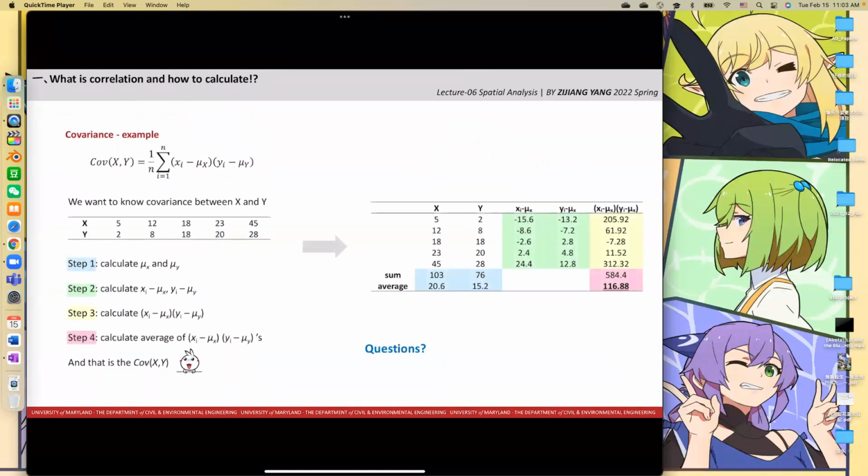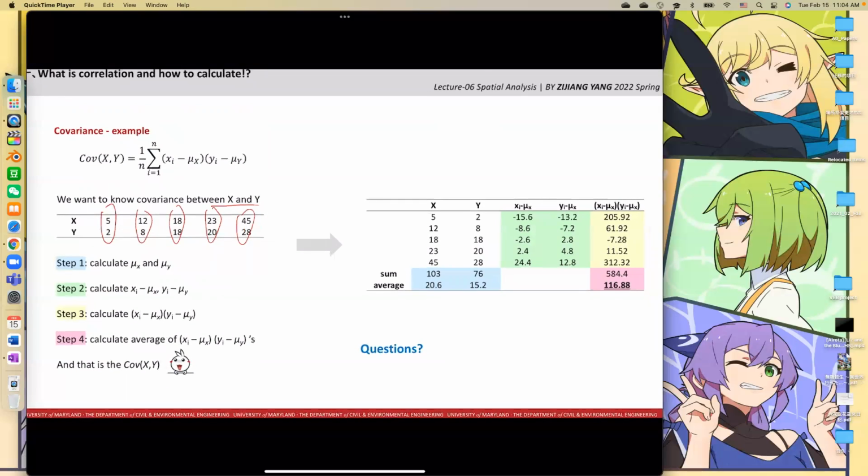For the calculation, here I just show an example. Suppose we have two sets of data, x and y. Note that when we are calculating variance or covariance, same as linear regression, the data of x and y are coupled. First we calculate the sample mean of x and the sample mean of y.